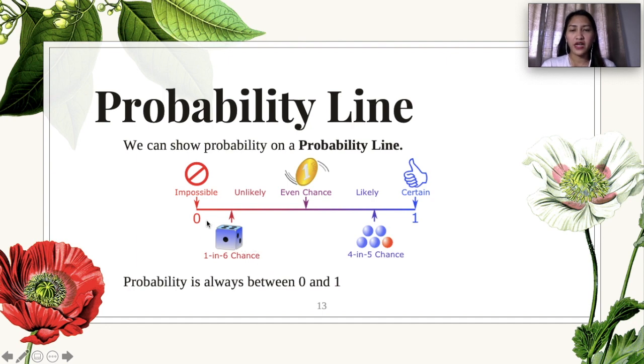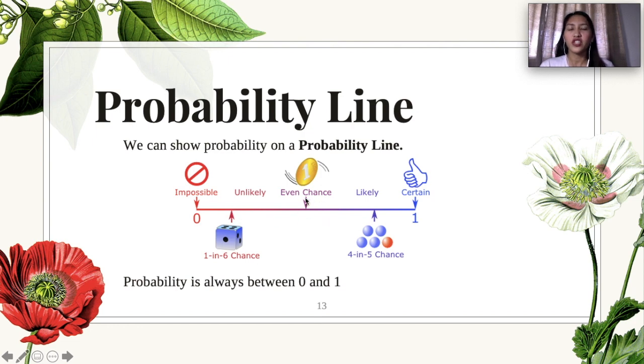So if you have here a die, getting a particular number face up is a 1 in 6 chance. You have to divide this line into 6, and an event happening for one particular number to face up is 1 over 6, so it will be placed here.